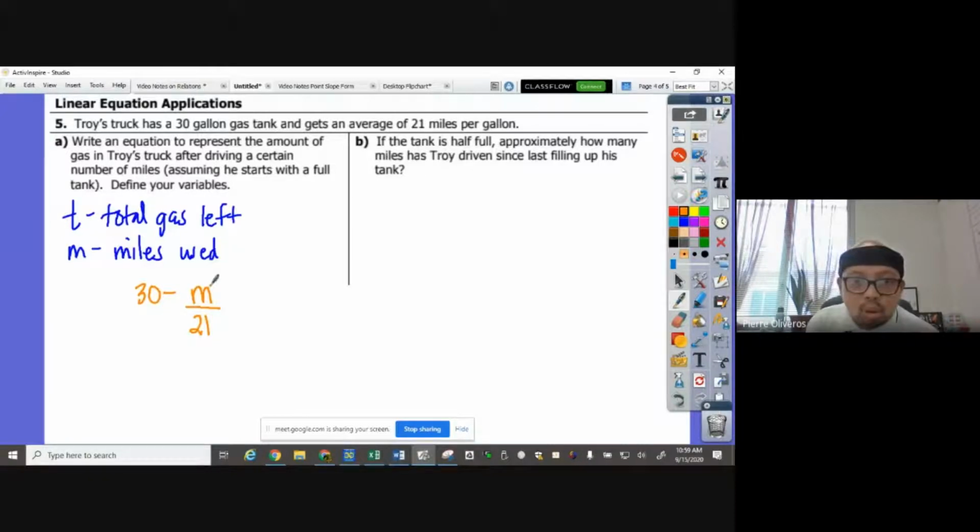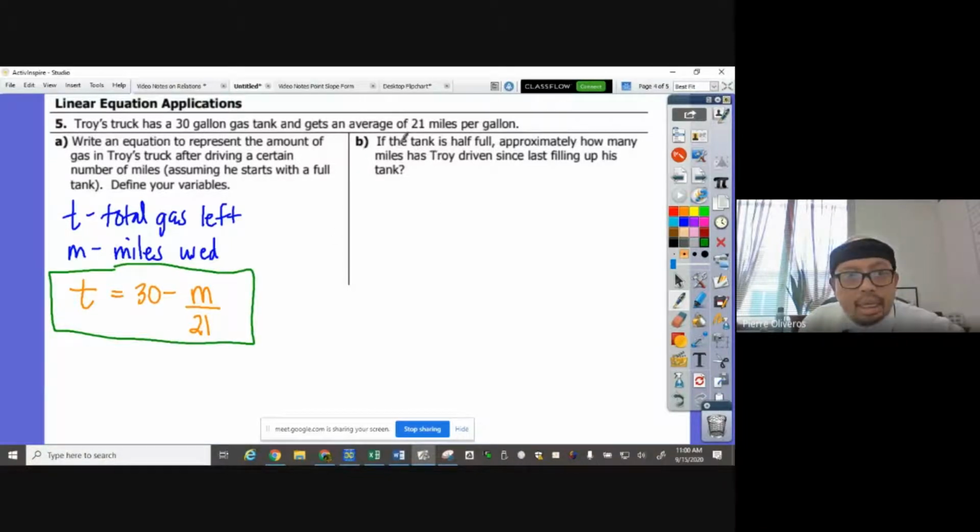That means 42 miles is my M. 42 divided by 21 means he consumed 2 gallons, and those 2 gallons will be subtracted from 30 because the full tank of his truck is 30 gallons. Make sense? Good. Whatever is left, the difference of 30 and M over 21, will be the total gas left on his truck. Got it? Good. So now this is our equation.